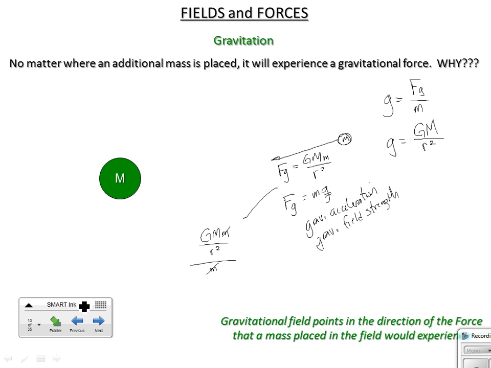There's our value of g. So here are two ways of expressing gravitational field strength. We can talk about it in terms of the force applied to a mass in the field, or as a function of the mass of the thing that makes the field and how far apart from it we are. Depends on what you know and what you're looking for.